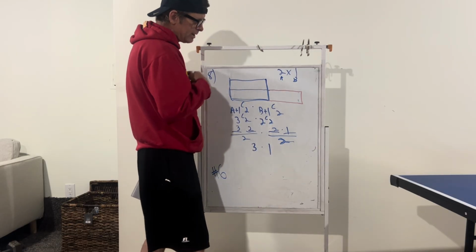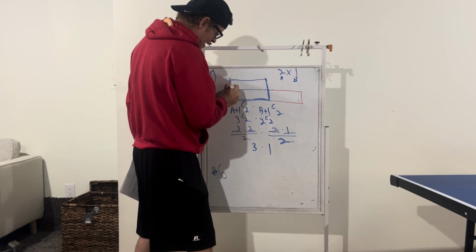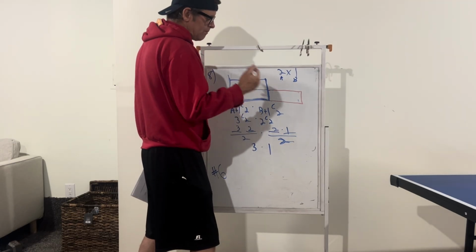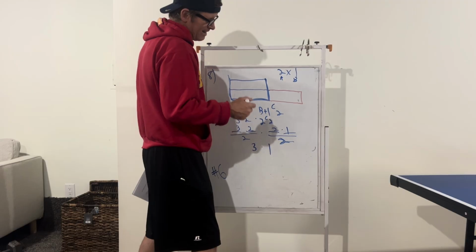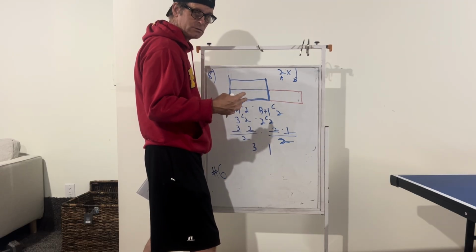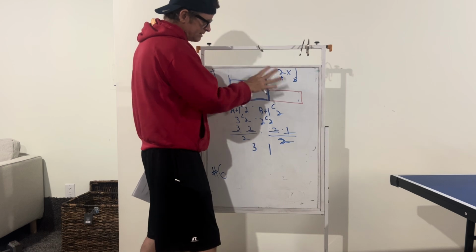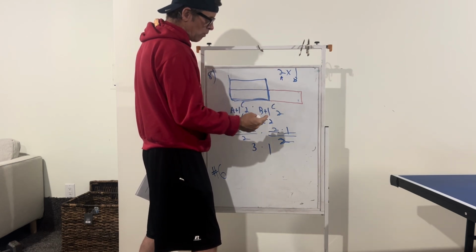So it's 3. Just the blue one, which we already counted and I proved to you. So I think the easiest way to do the problem is to do the blue one and then just say, all right, how many more rectangles can you make that involve the red rectangle? So all the ones that are just here without the red rectangle, now how many can you make with the red rectangle?